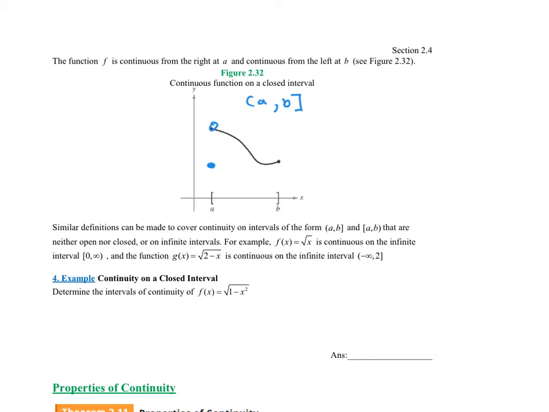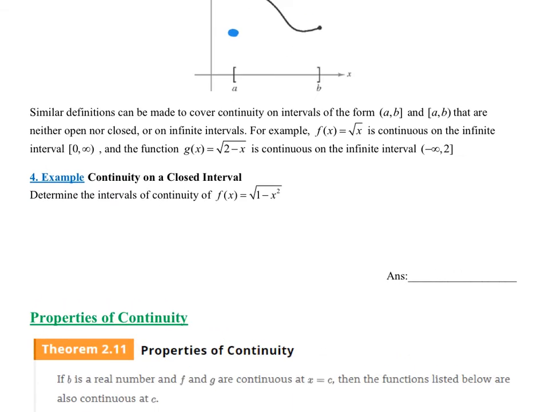Okay. So determine the intervals of continuity of f of x equals the square root of 1 minus x squared. What you need to remember for this is anything underneath the radical must be greater than or equal to 0. So we're going to solve 1 minus x squared is greater than or equal to 0.